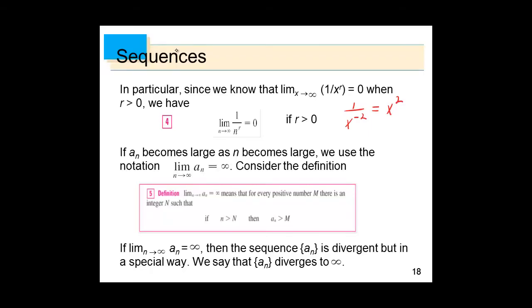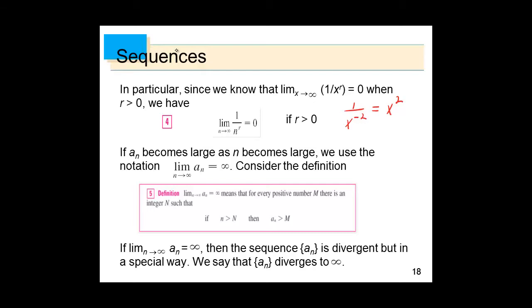So can you give me a definition when I want the limit to be negative infinity? What do we mean when we say that the limit of a_n is negative infinity instead of positive infinity? How will this definition change? Here we are saying the limit is positive infinity.